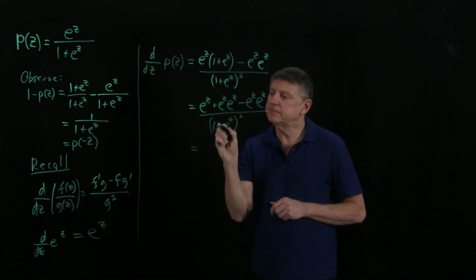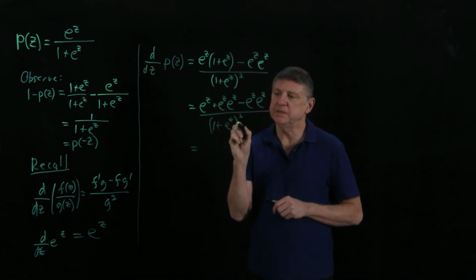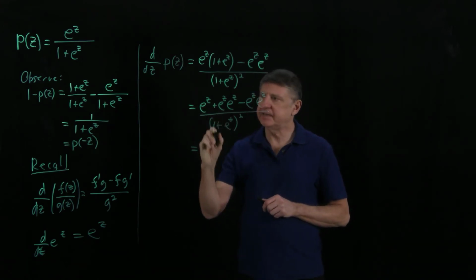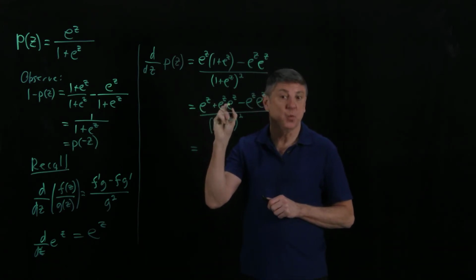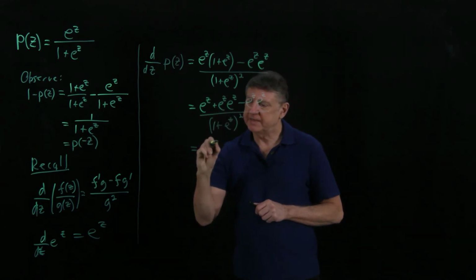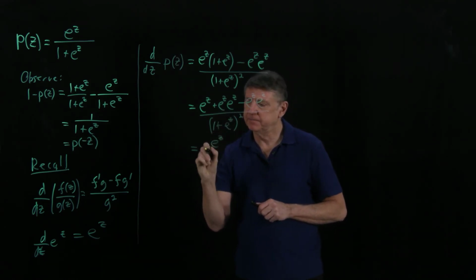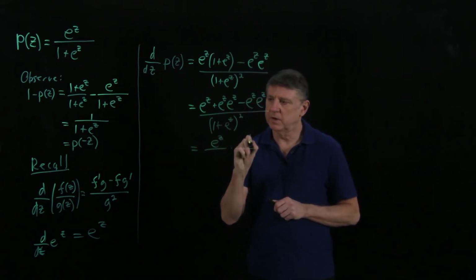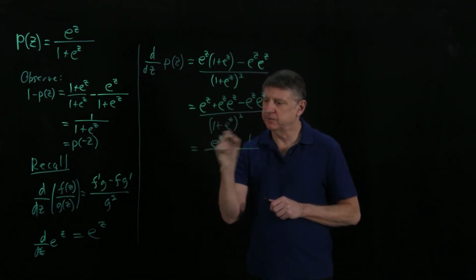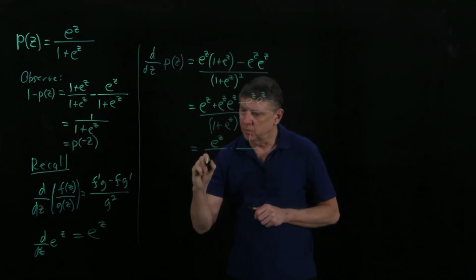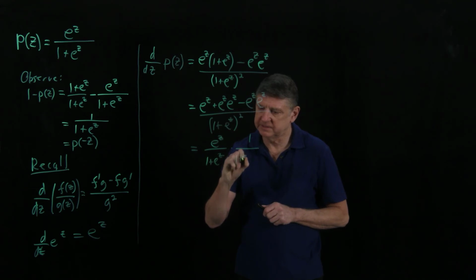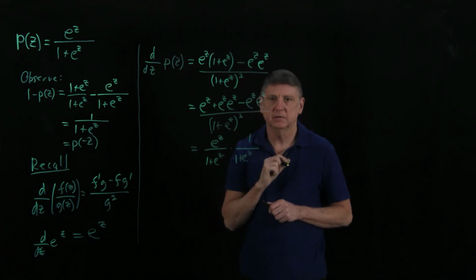Now, let's factor this into two pieces. I'll say that is e to the z times 1, and then I'll take the denominator and factor it twice: 1 plus e to the z, 1 plus e to the z.